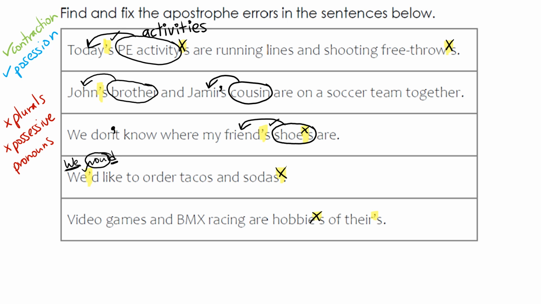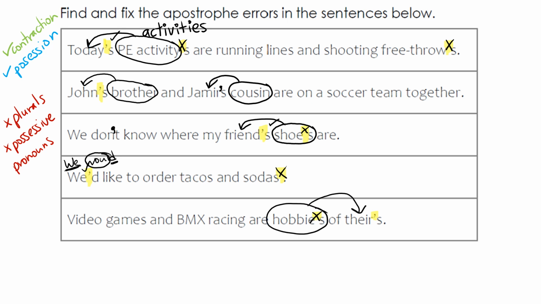Am I trying to say there is? Video games and BMX racing are hobbies of there is? That doesn't make sense. And we know there is something like their video games and BMX racing are hobbies of theirs. These are the hobbies that belong to them, but it doesn't have their name.